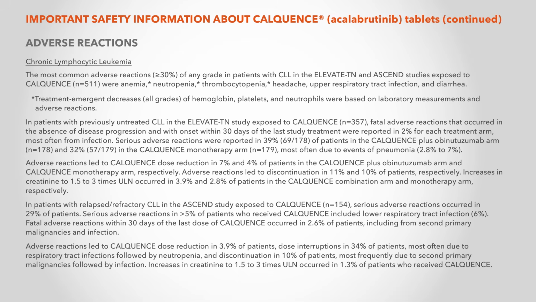Adverse reactions led to CALQUENCE dose reduction in 3.9% of patients, dose interruptions in 34% of patients, most often due to respiratory tract infections, followed by neutropenia, and discontinuation in 10% of patients, most frequently due to second primary malignancies, followed by infection. Increases in creatinine to 1.5 to 3 times ULN occurred in 1.3% of patients who received CALQUENCE.